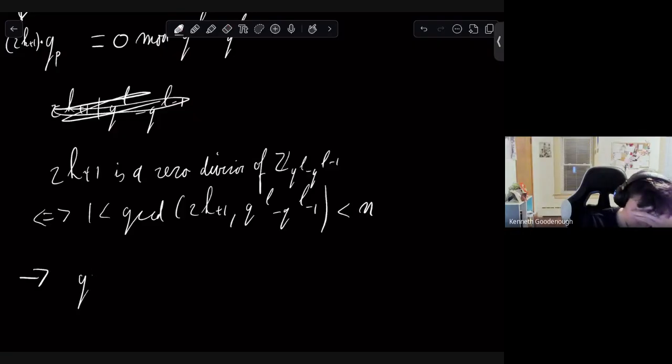Q to the power L does not divide S of P to, okay, sorry, that's not the right order.